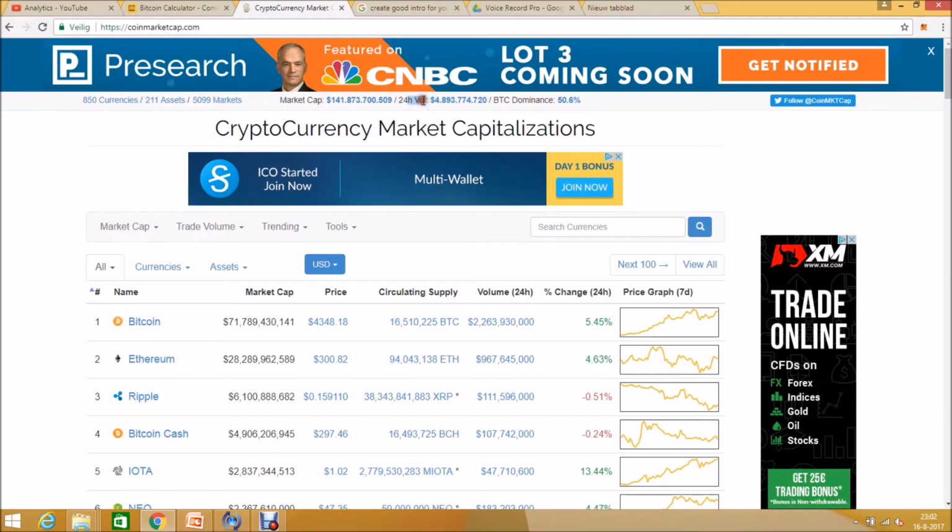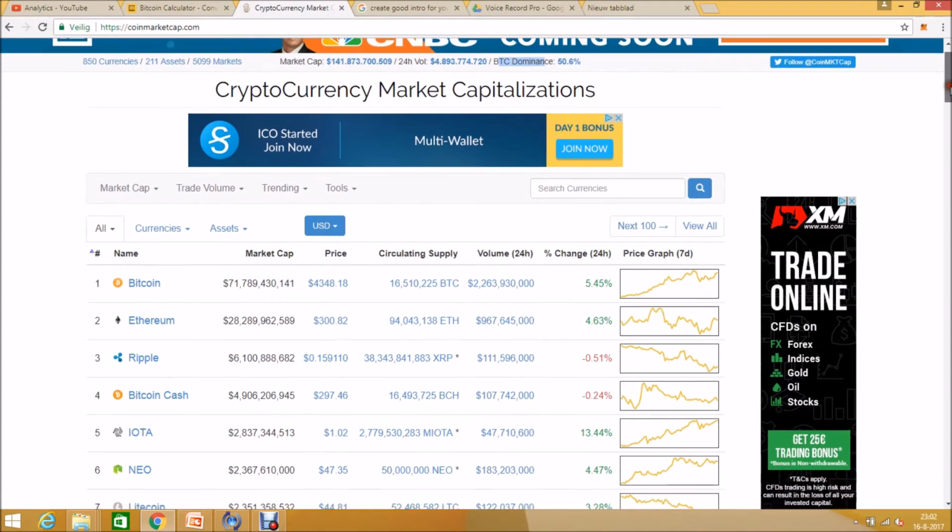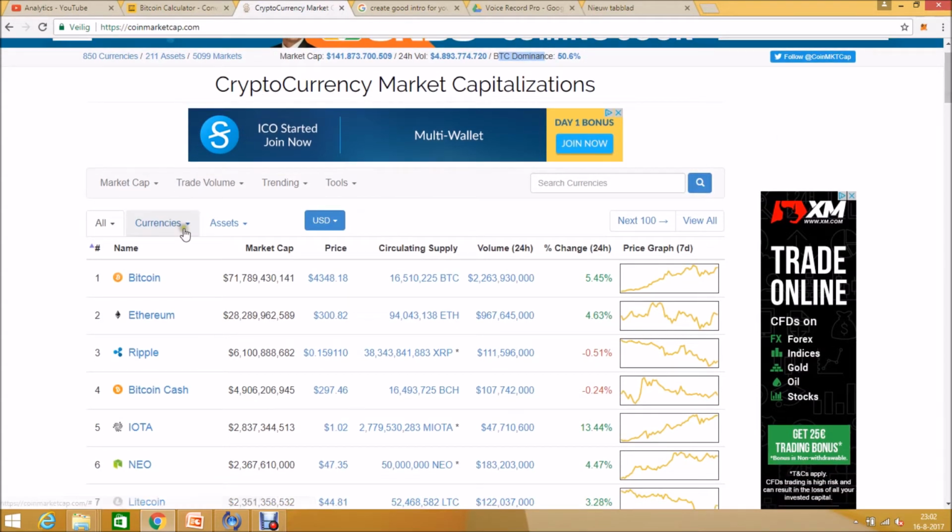The 24-hour volume is 4 billion and the Bitcoin dominance in the total market is 50%. You can see the coins with the largest market cap all the way down to the smallest. Bitcoin is number 1, Ethereum number 2, etc.